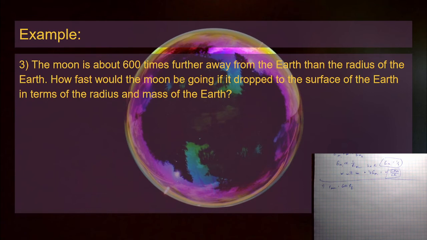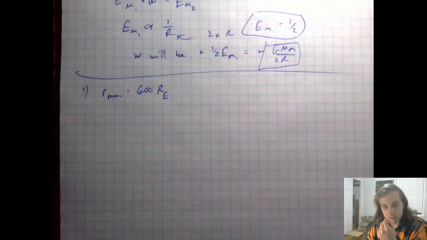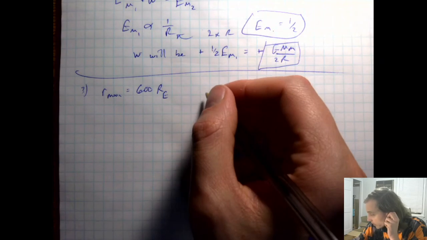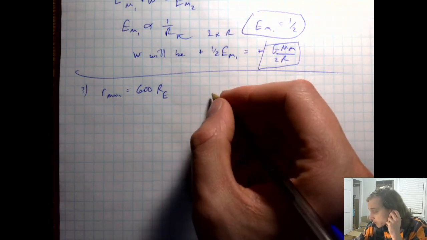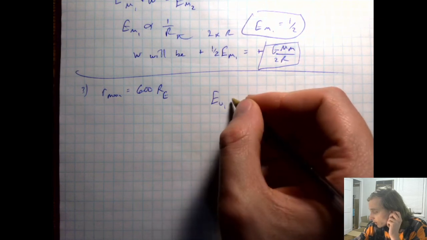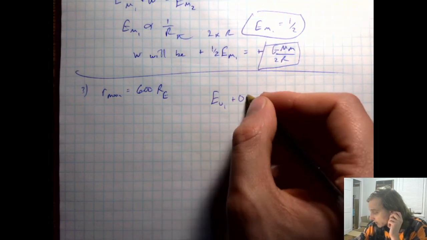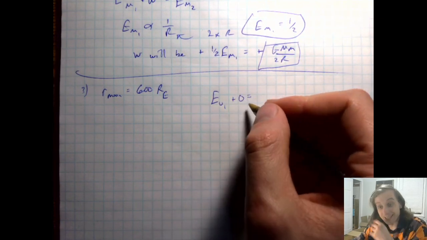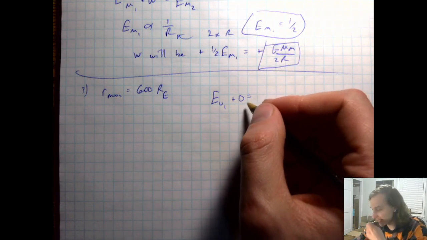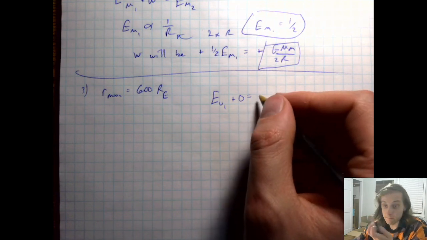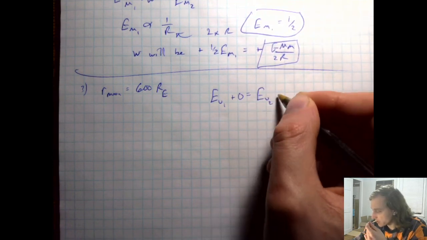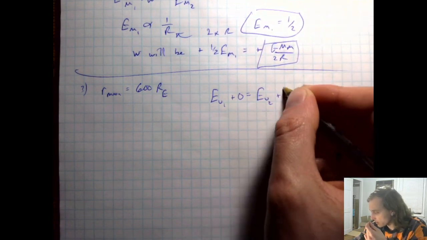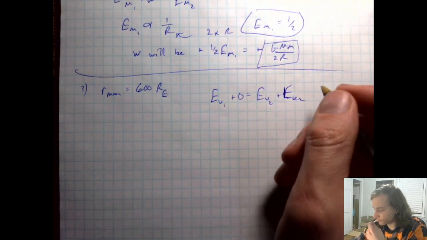So to do this one, all we pretty much have to do is think about our potential energy. The moon currently has potential and no kinetic if we're dropping it. That will need to equal the potential it has in the second location plus the kinetic it has in the second location.